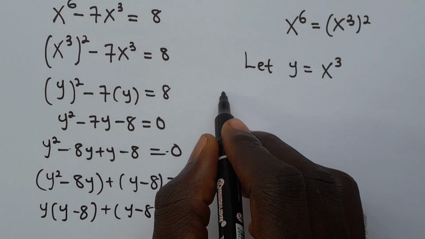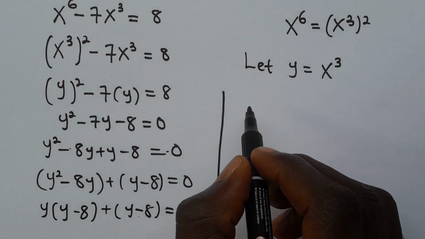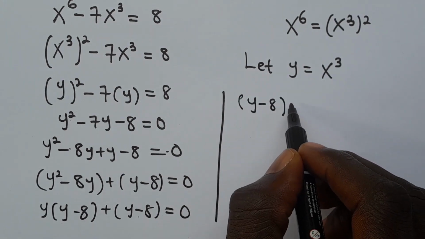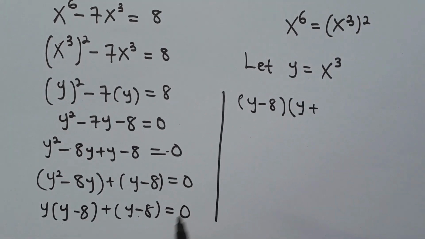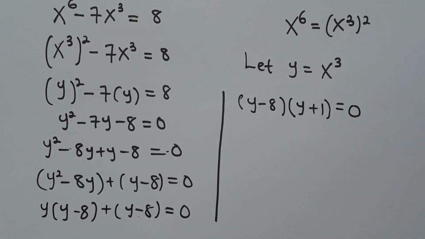So from here, y minus 8 is common. Factorize it out: y minus 8, then y plus 1, everything equals 0.